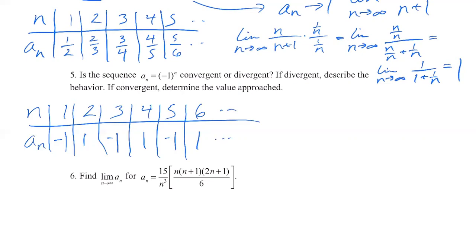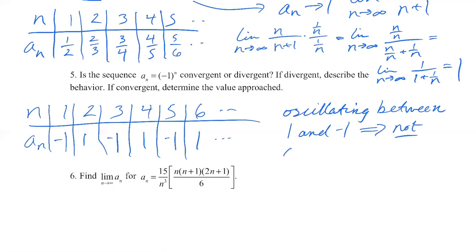So we're oscillating between 1 and -1. This is to say we are not convergent.